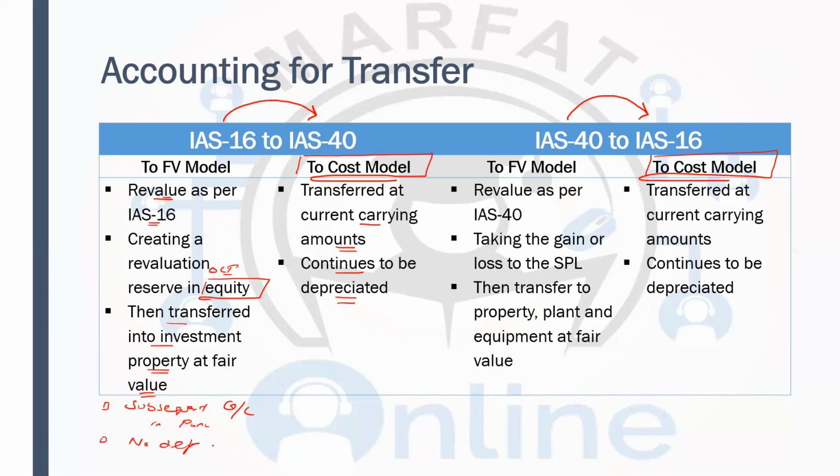So listen again. Cost to cost model, no change, because both of the cost models are the same. If the property is being transferred from IAS 16 to 40, remember, from revaluation model to the fair value model, the standard says that you have to revalue it at the transfer date.